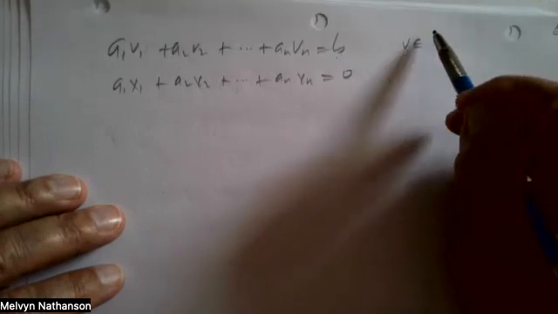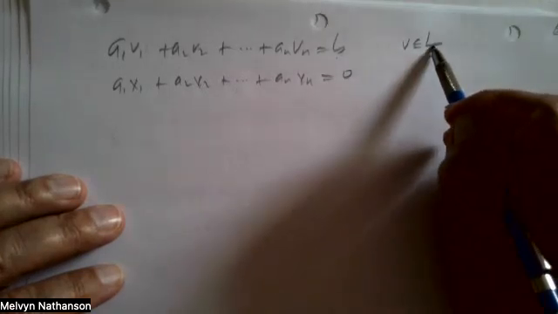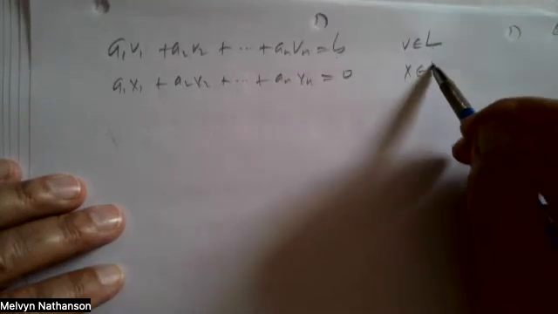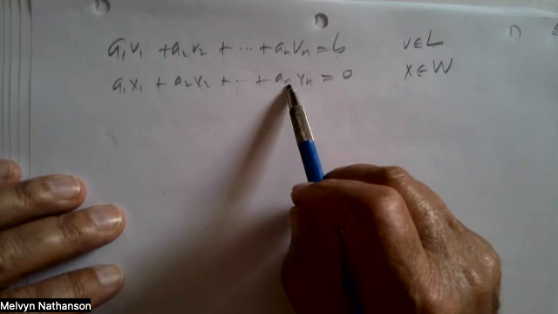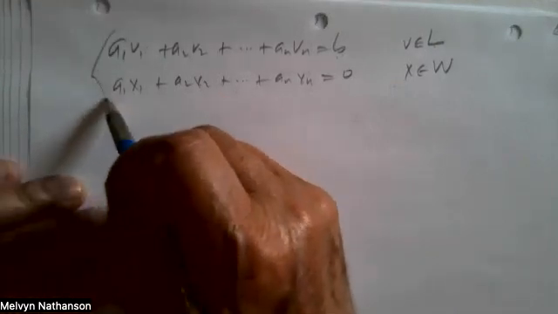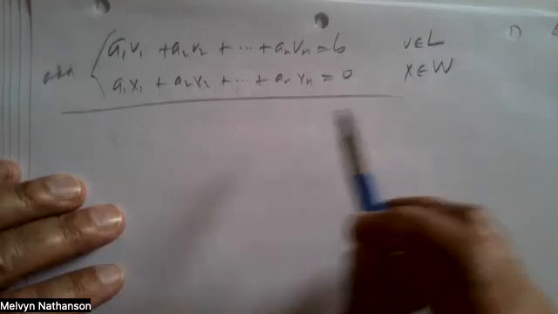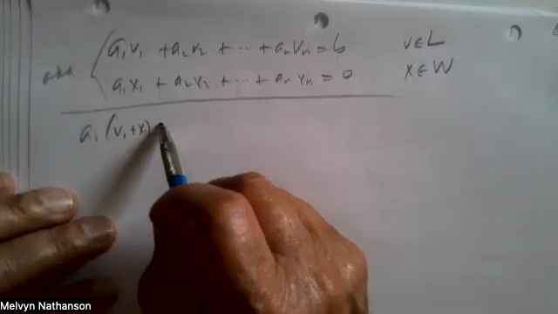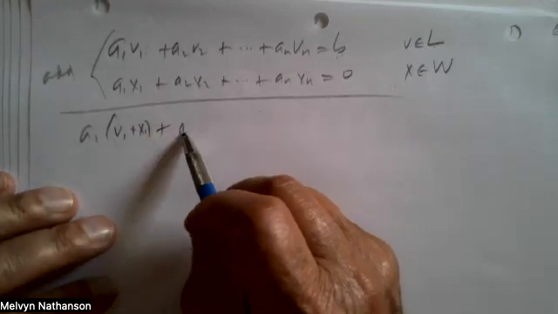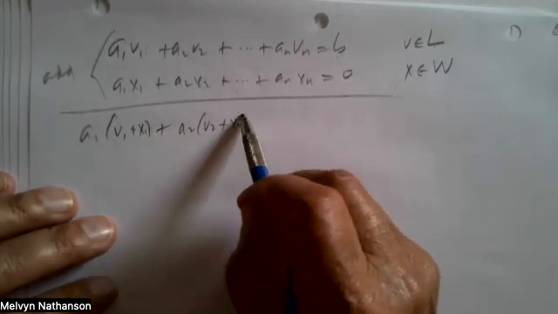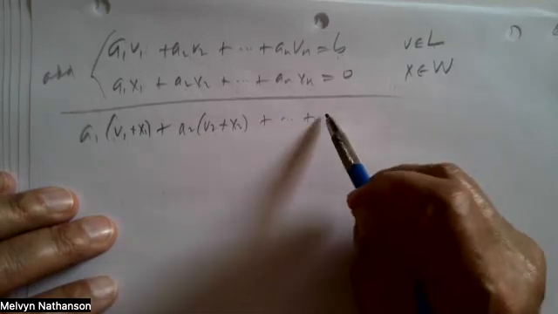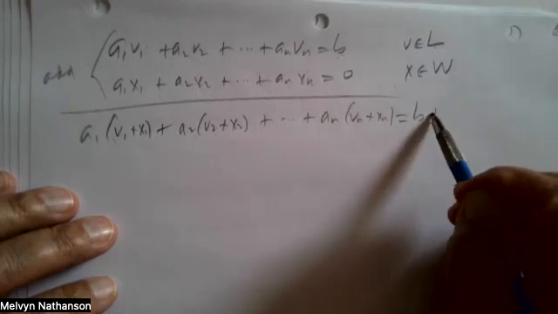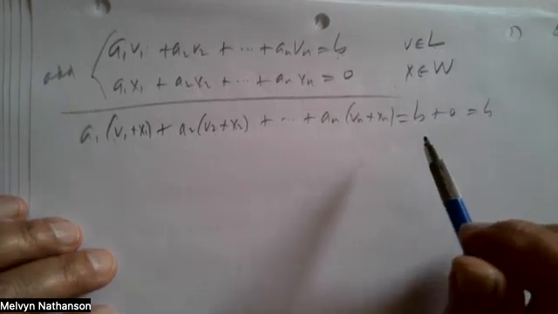So V is in L, the solution space of the inhomogeneous equation, and X is in W, which is the solution space of the homogeneous equation. Now I add these two equations. I get A1(v1 plus x1) plus A2(v2 plus x2) plus up to An(vn plus xn) is b plus 0, which is still b.